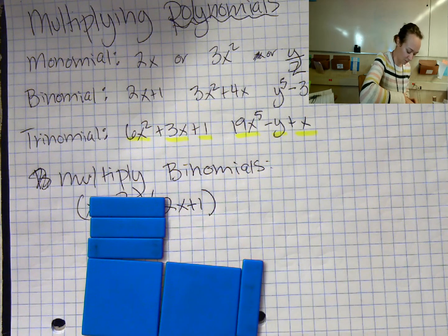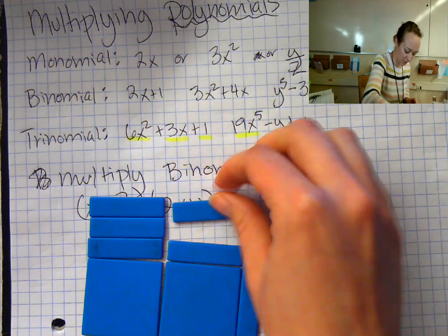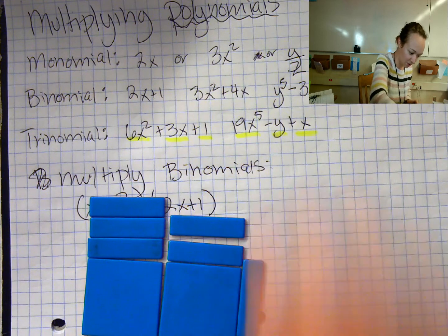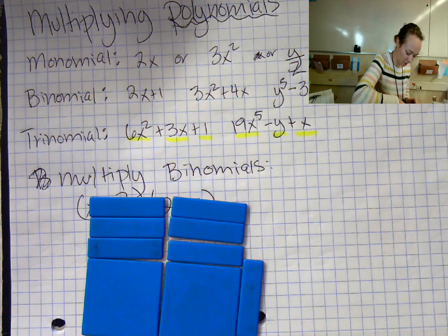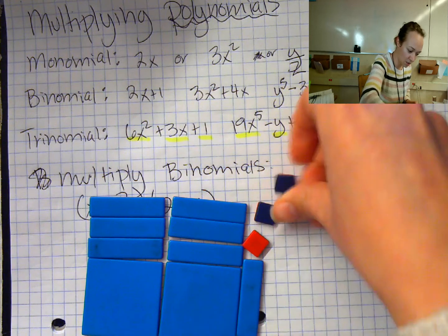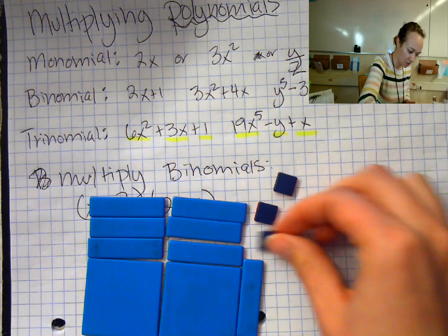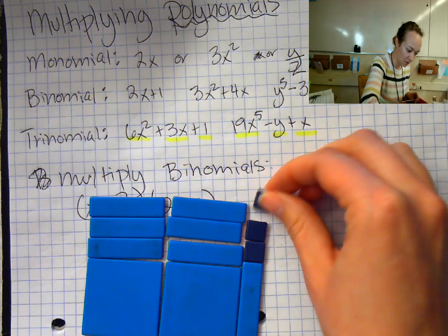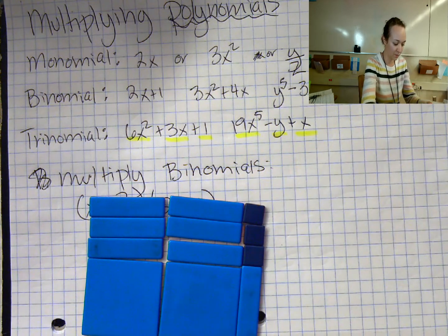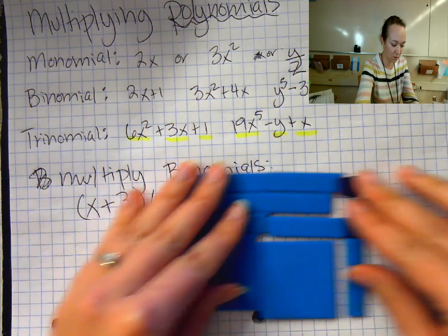Alright, so I use the rest of my tiles to fill that in. I've now got some spots for some 1s there, so I'm going to grab 3 1s. And there I have, oops.